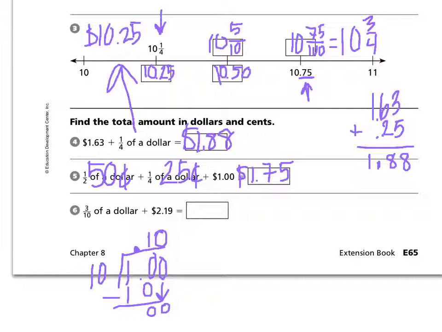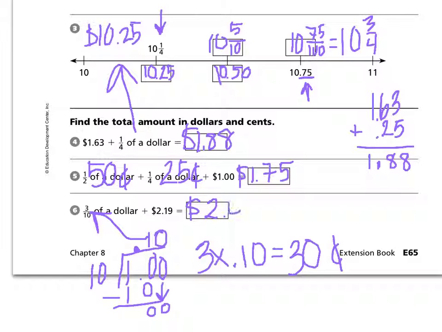So I know that each piece of $1, when I divide it into tenths, is 10 cents. But I need 3/10, which would be 3 times 10 cents, which equals 30 cents. Looking at that, I have $2.19 plus 30 cents, and I know that that would be $2.49.